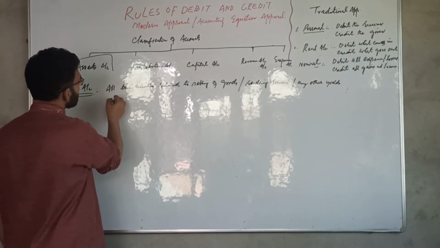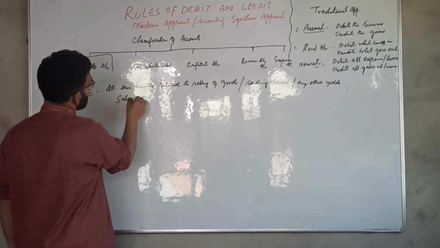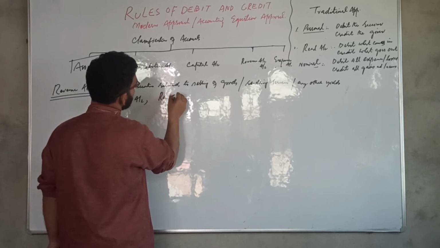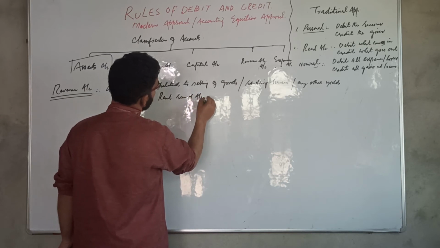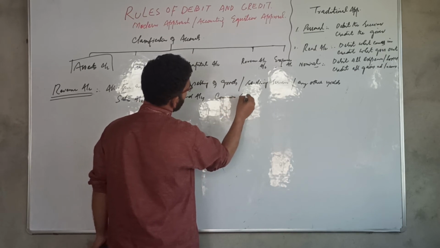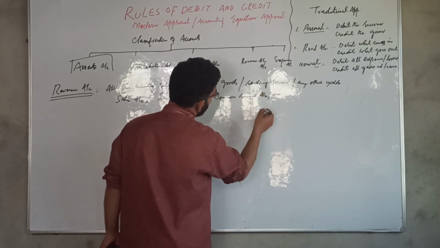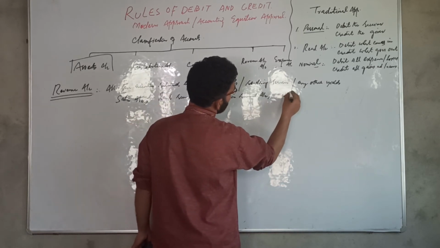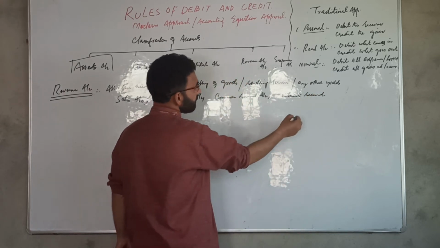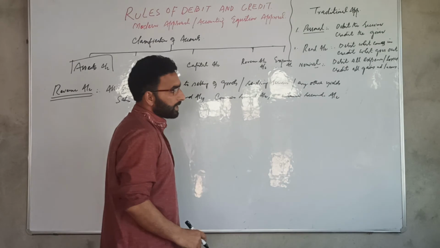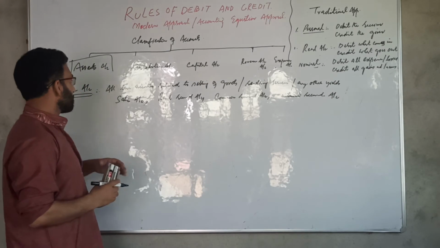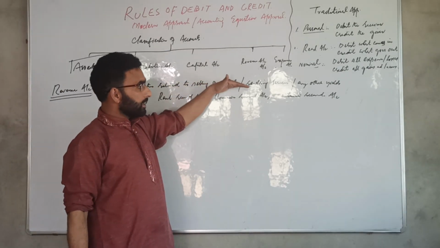For example, sales account, rent received account, commission received account, interest received account: all these accounts are revenue accounts. This increases the wealth of the business.